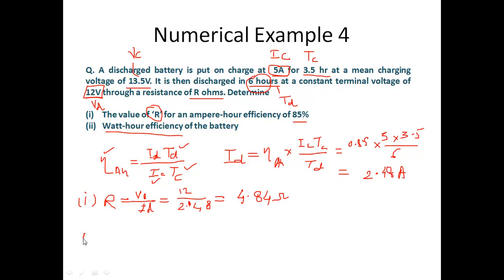The next part of the question requires us to calculate the watt hour efficiency. We can use the expression eta AH into VD by VC.